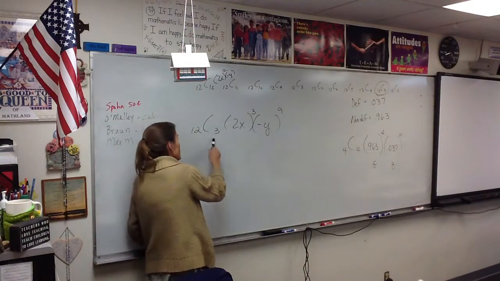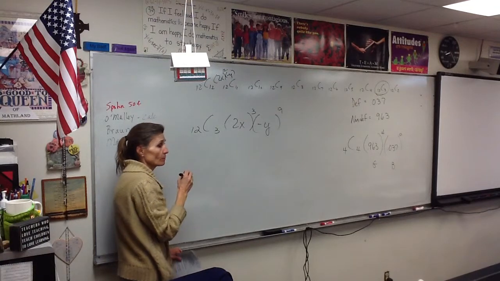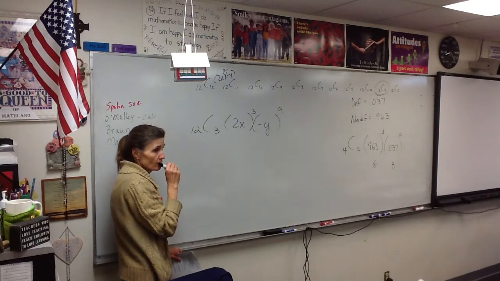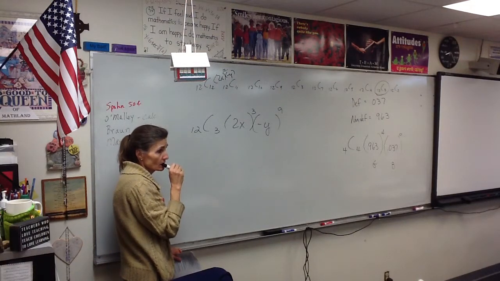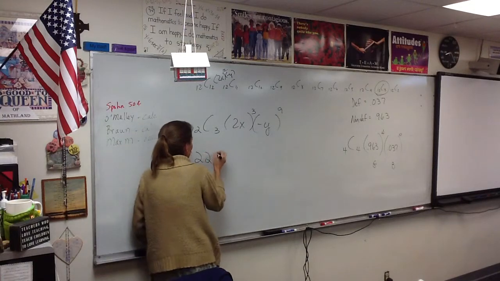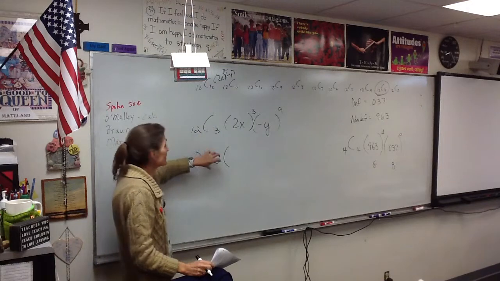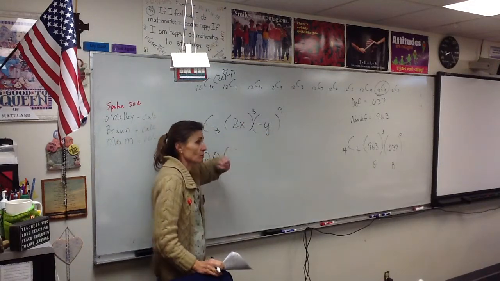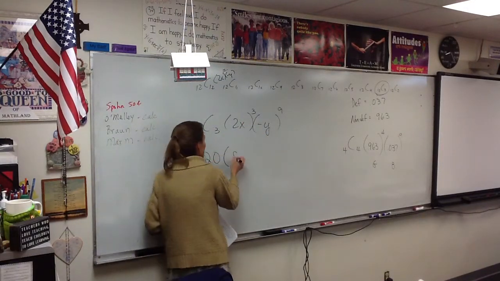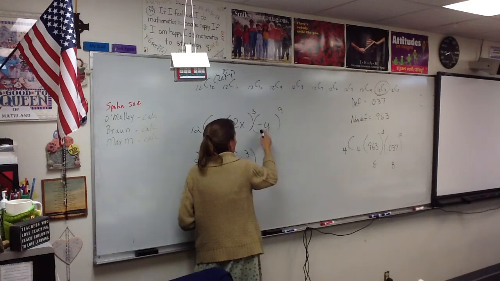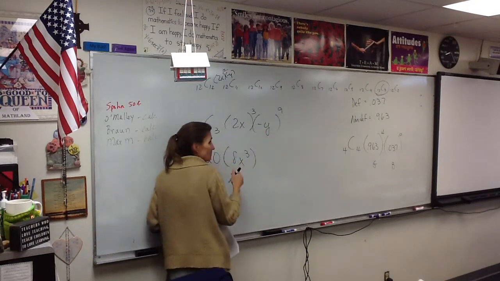Can somebody tell me what 12C3 is? 220. Now, I got 220, that's this. Now what's 2x to the third? 8x cubed. And what's going to happen with this negative?